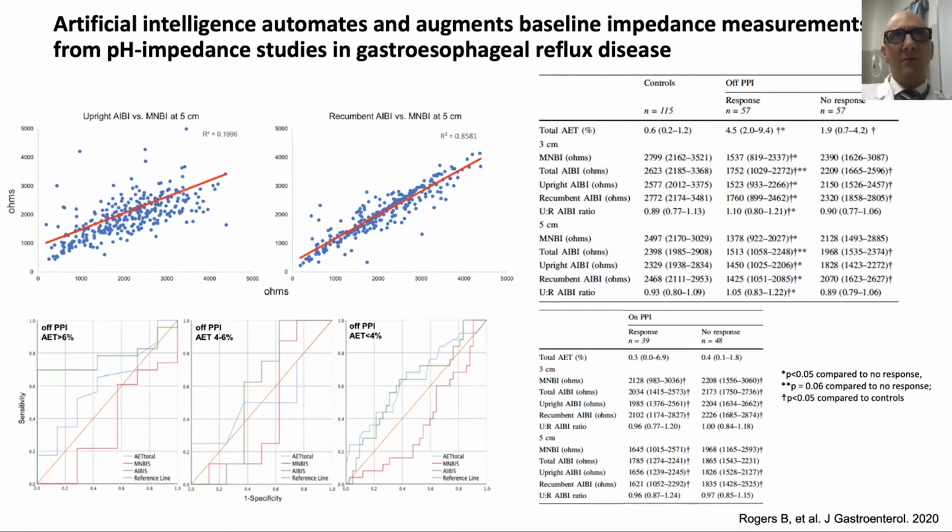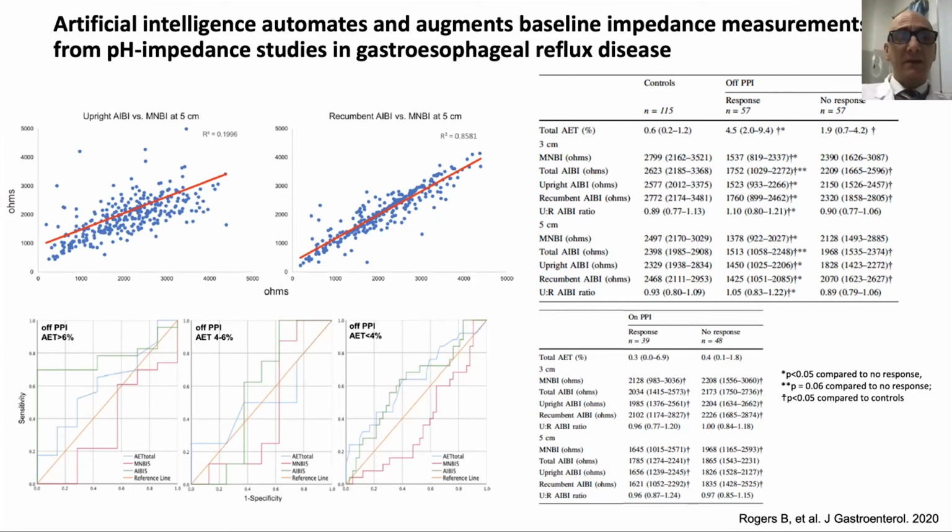During the development process, the two investigators manually evaluated and compared 2049 reflux events with those identified by the software, or artificial intelligence, and artificial intelligence was able to recognize 89% of these events.